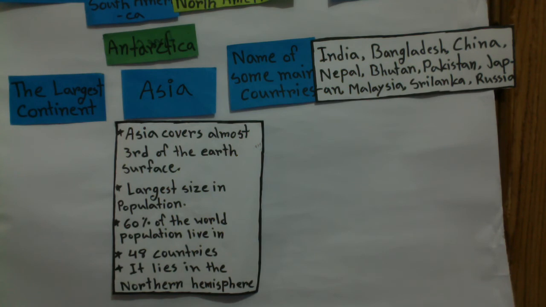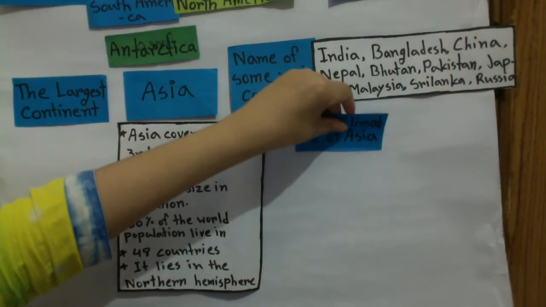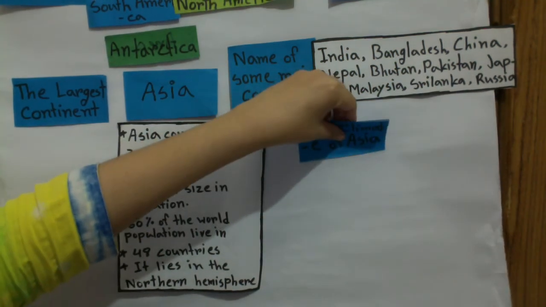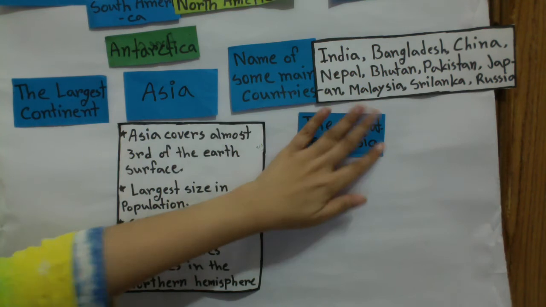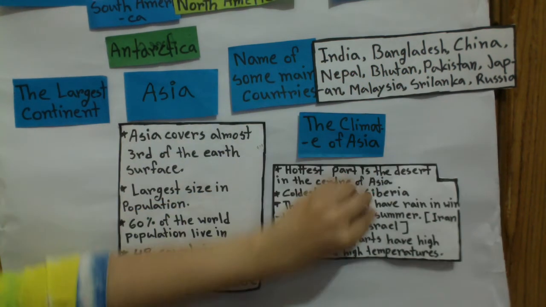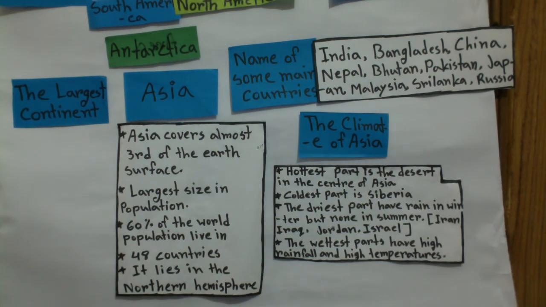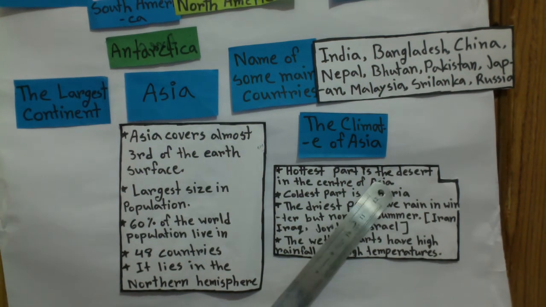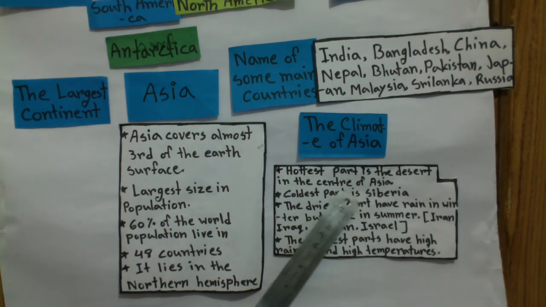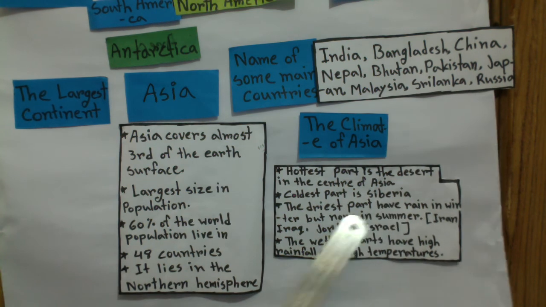Now we have to know the climate of Asia. How is the climate of Asia? Do you know? Here is the climate of Asia. The hottest part is the desert in the center of Asia. The coldest part is Siberia.